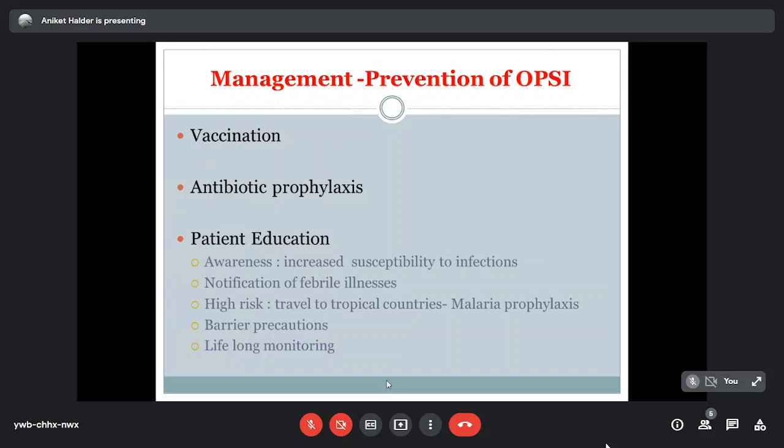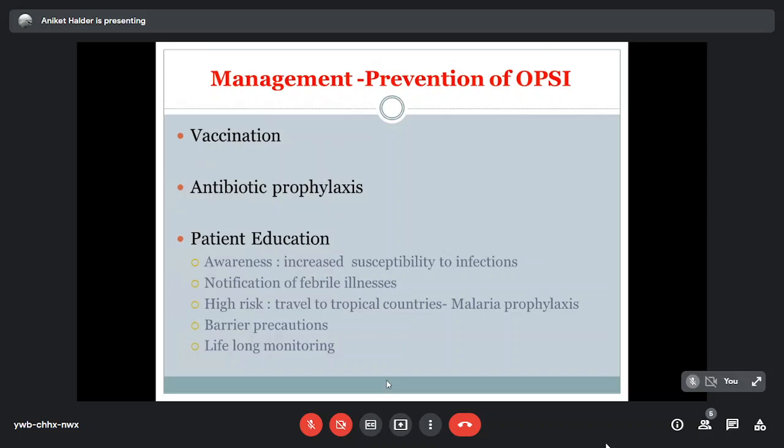they should be made aware of the fact that travel to high risk countries like tropical countries can be dangerous for them, and they should be given malarial prophylaxis if they are traveling to tropical countries.